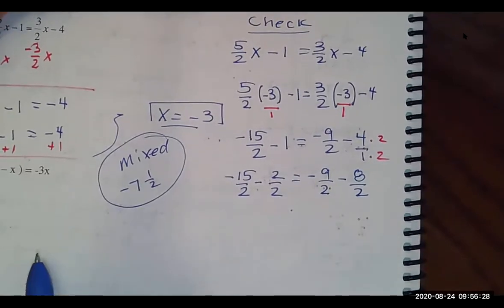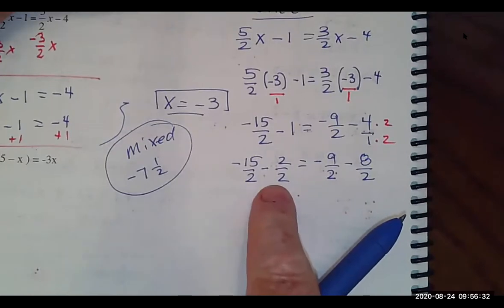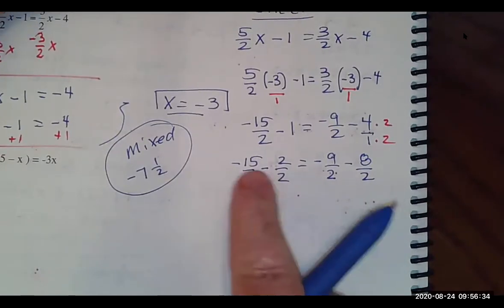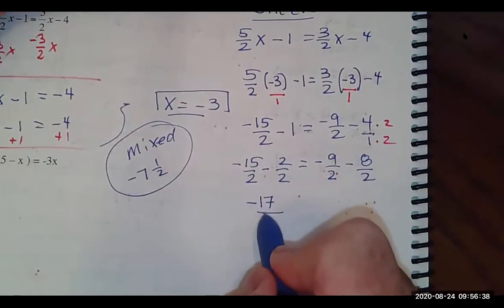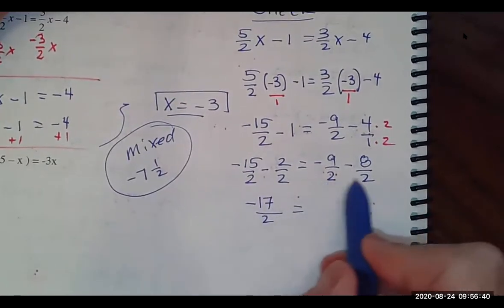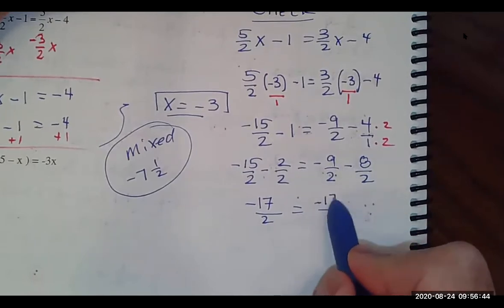Now, since there are common denominators, I get to add or subtract the numerators. Negative 15 subtract 2 is negative 17, all over 2. Same thing here, all over 2. Negative 9 subtract 8, negative 17. Touchdown.